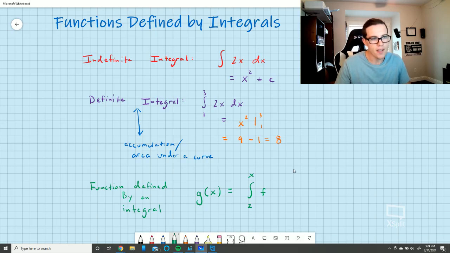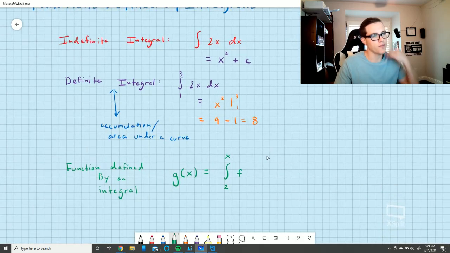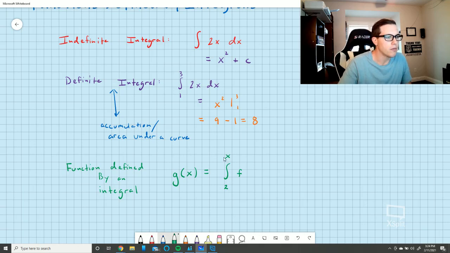Now, this is one of the most confusing parts of this whole thing. And I think it makes a lot more sense when I get into Desmos a little bit. The variable in this problem is x. That's the variable. That's what we're going to substitute in for. When I start doing examples, this will become a lot clearer. So this idea is going to feel a little weird until you start seeing me do examples.